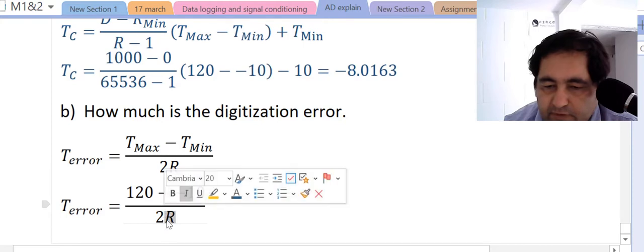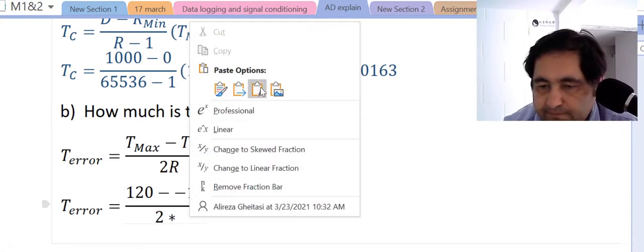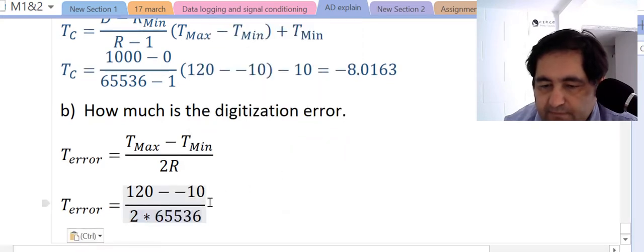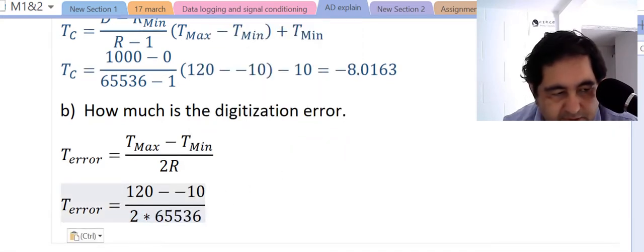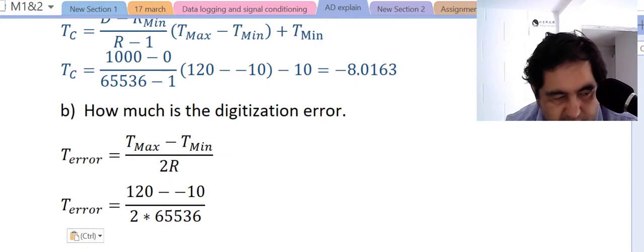So 120 minus minus 10 is 130, divided by 2 times 65536, which is going to be quite a small number.